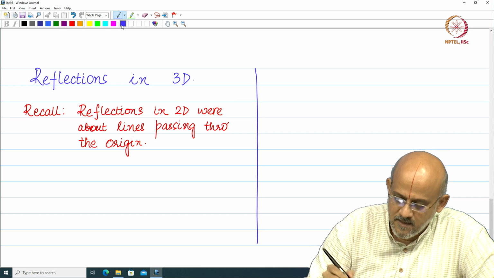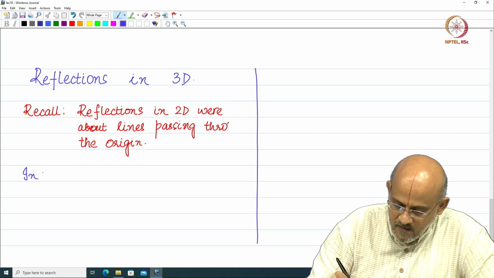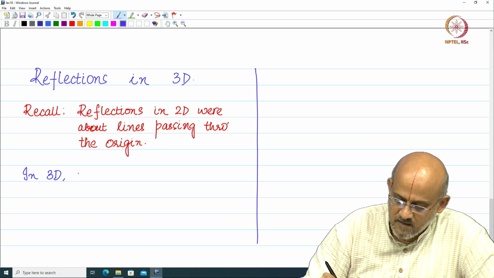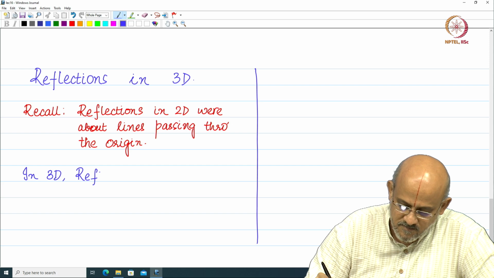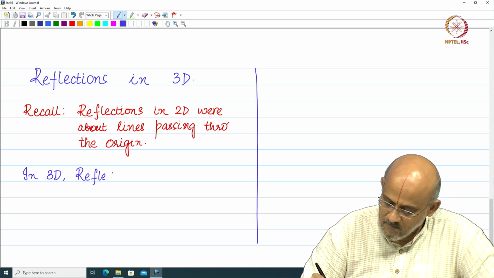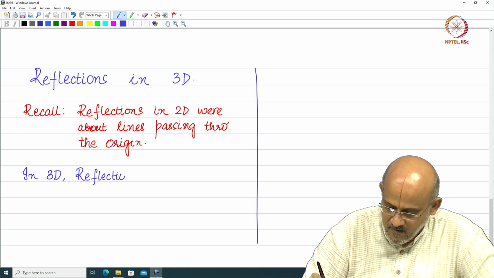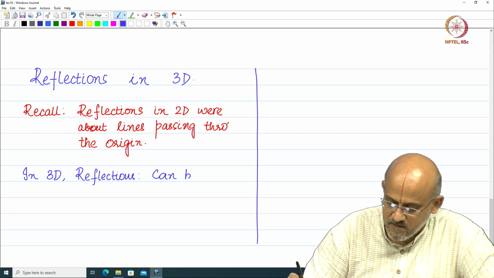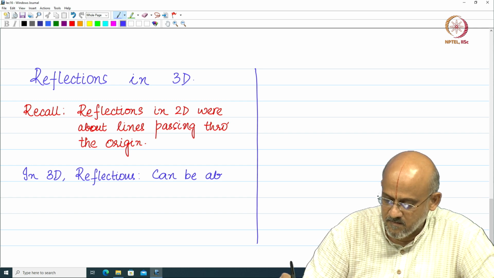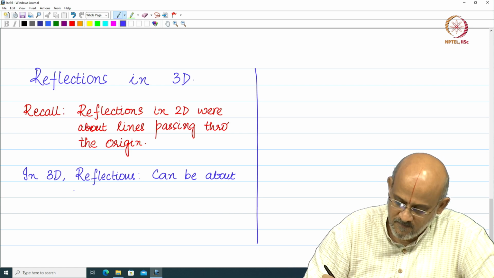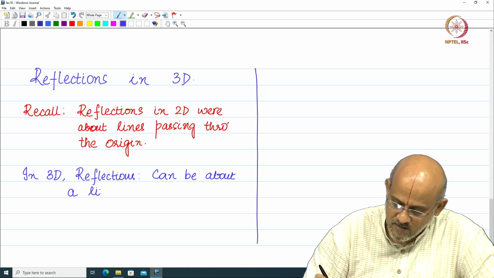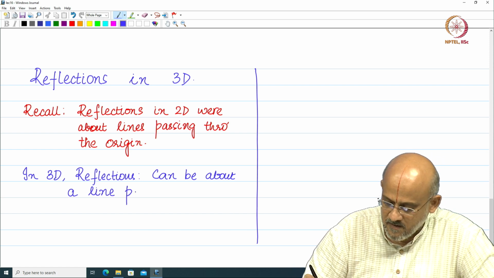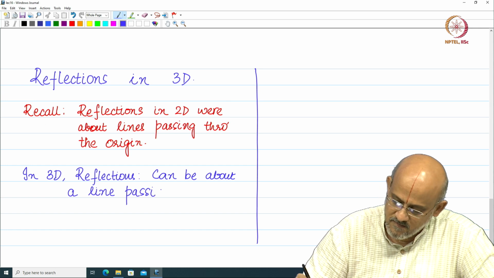In 3D, reflections can be about a line passing through the origin, or a plane passing through the origin.